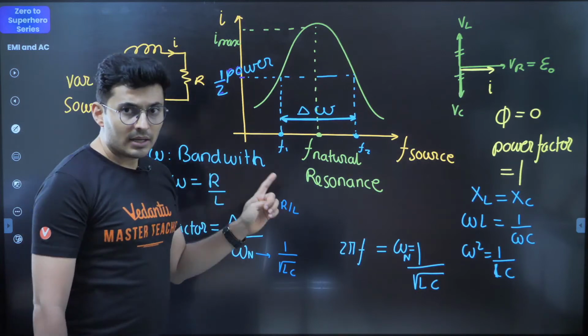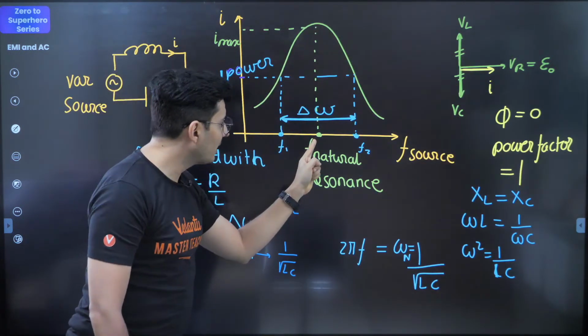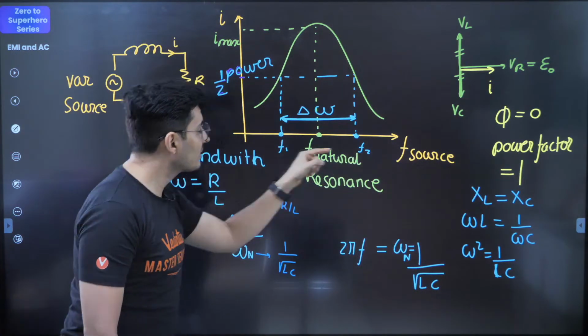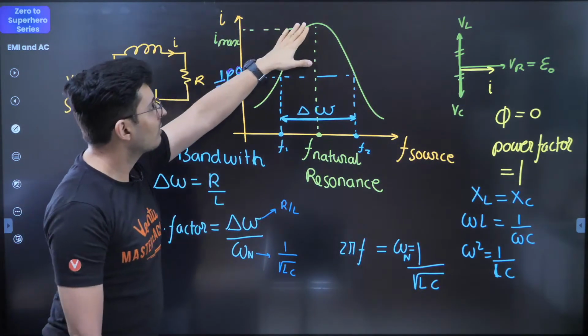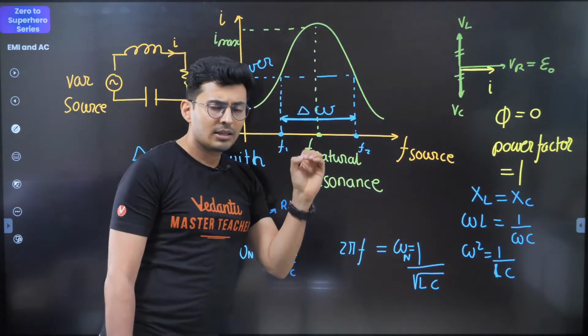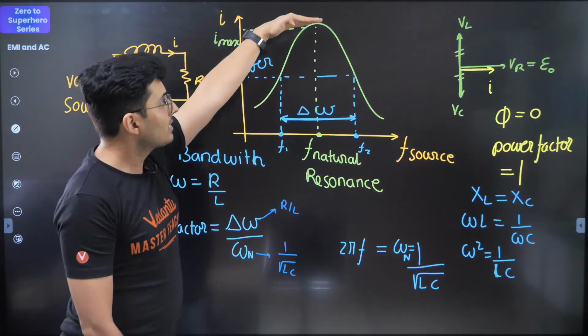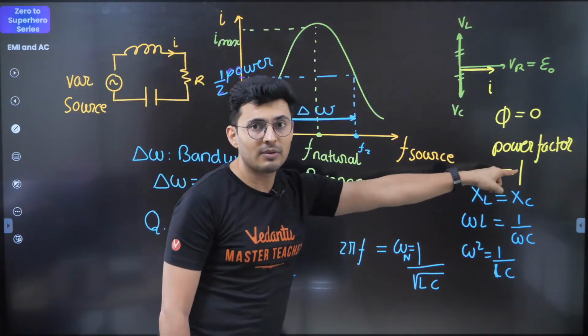Now you understand that the current is maximum only for a peculiar value of the frequency of the AC source, shown over here. For all other frequencies it is less. There are two special values which you should know. Here the power is maximum and the power factor is 1.